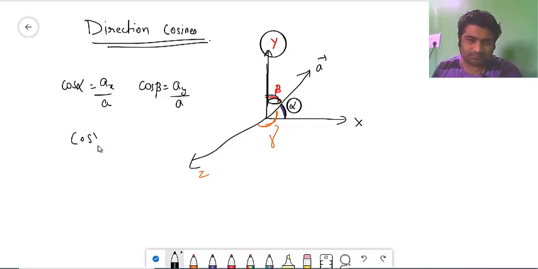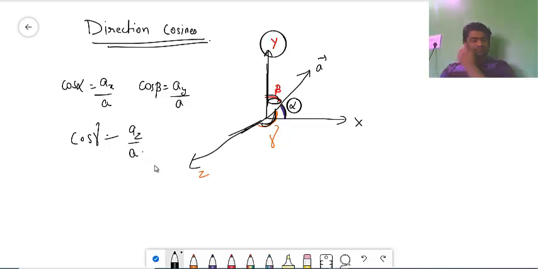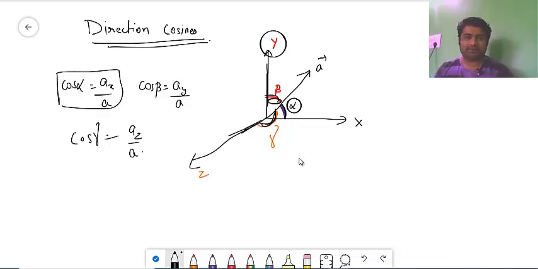Cos gamma is which one? Along z axis, so az upon a. So this was your direction cosine. So what I can do with these three is write ax equals a cos alpha, ay equals a cos beta, and az equals a cos gamma. So these three equations are important.